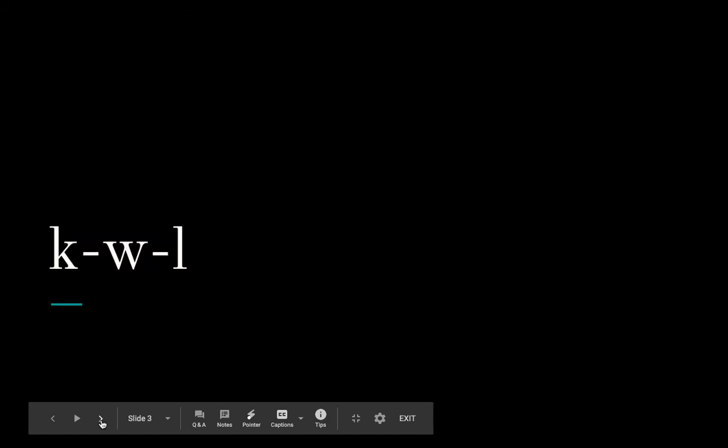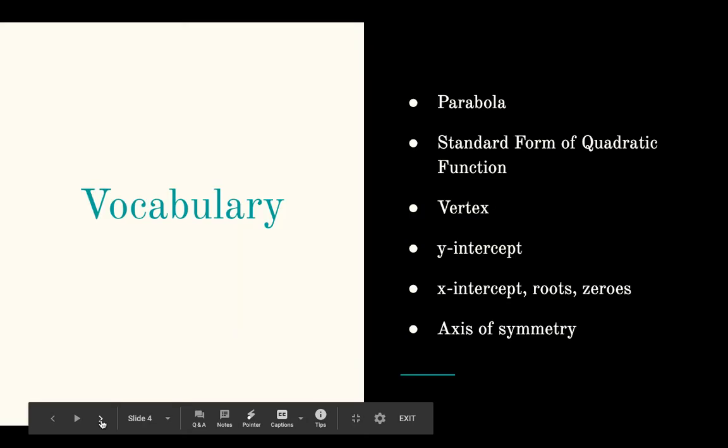Okay, we're going to start with a KWL activity. Our vocabulary is parabola, standard form of a quadratic function, vertex, y-intercept, x-intercept, roots, zeros, and axis of symmetry.